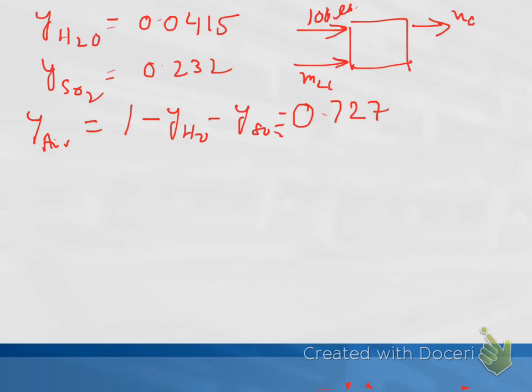Coming out is NG2, that is the gas coming out, and then ML2, liquid coming out. And this gas contains YH2O, YSO2, and Y air. I don't know if you can read this, but these are the components which we know.